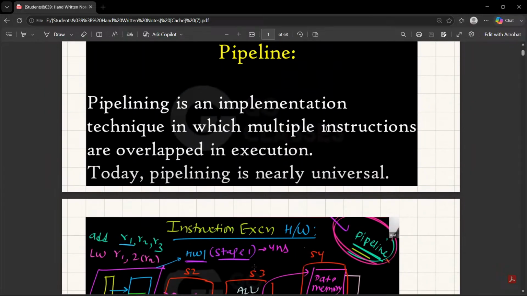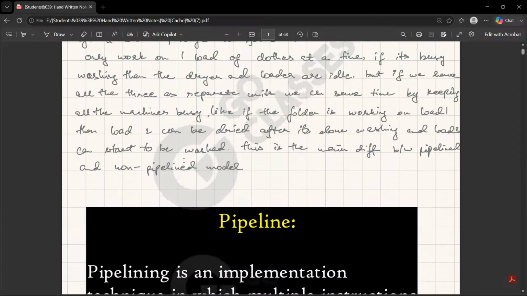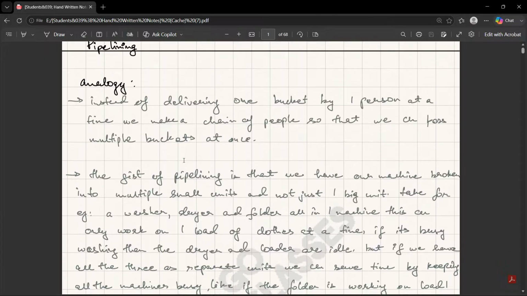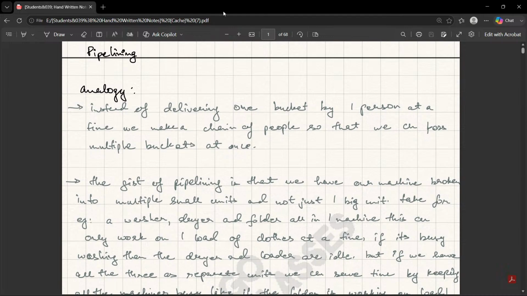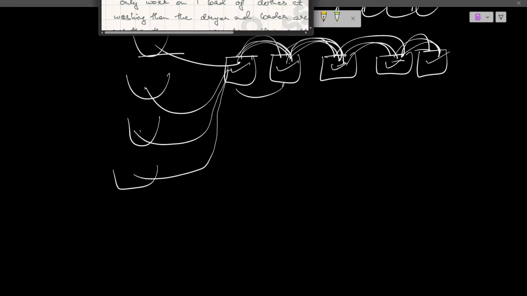On YouTube, I think pipelining is completely freely available for theory, and we will try to cover some code also here, like how CPU pipelining actually works, like fetch, instruction decode, and what the internal architecture looks like for every sub part of pipelining. We'll try to do that.